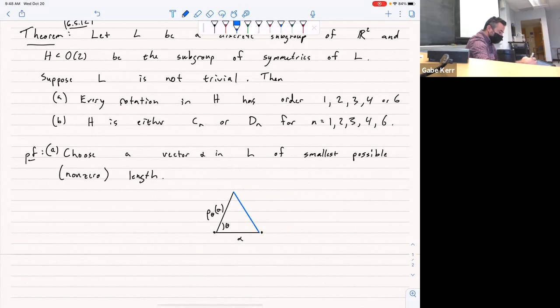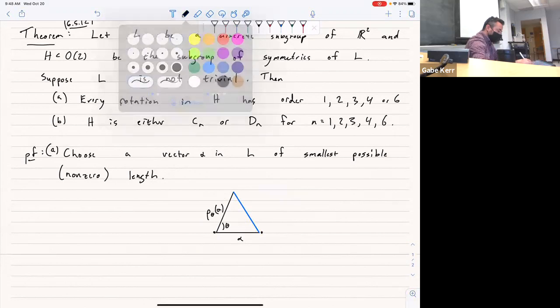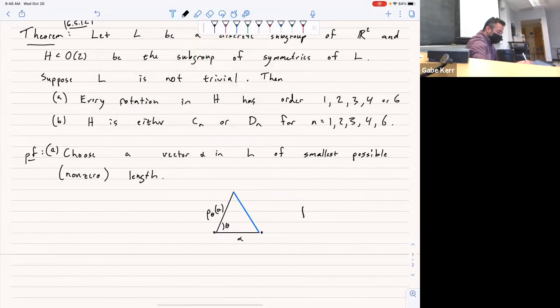This vector here, which is this difference, rho theta alpha minus alpha, is in L. Why? Because rho theta is going to be an element of H. So I should say, choose any rho theta in the point group of H.